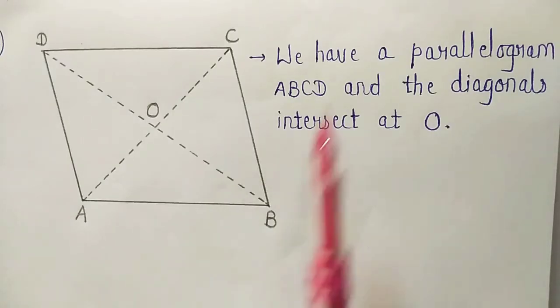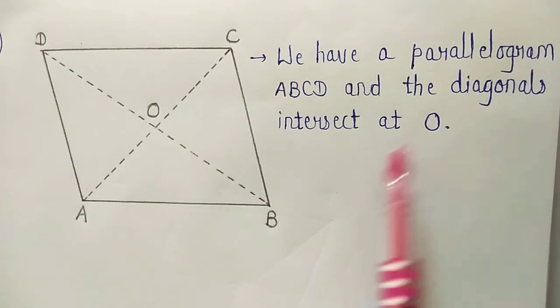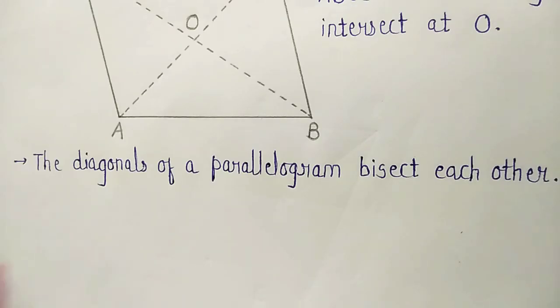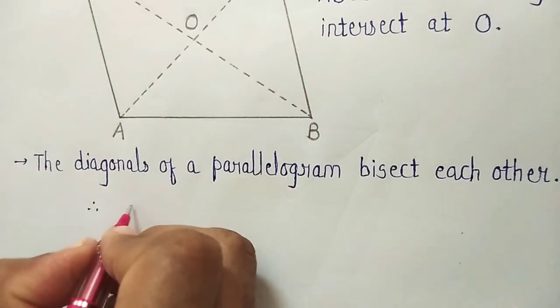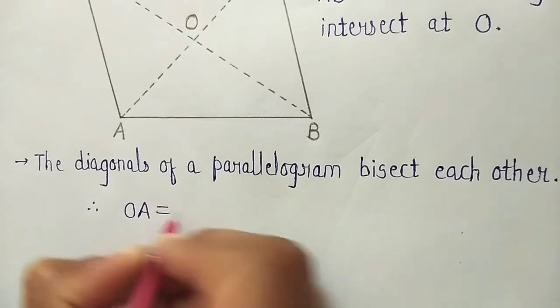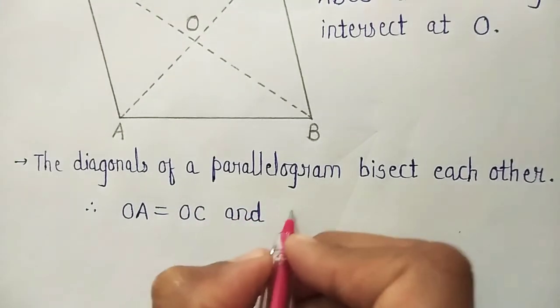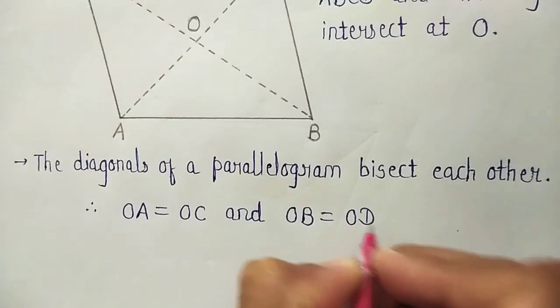First of all, we'll write we have a parallelogram ABCD and the diagonals intersect at O. Now we will write the diagonals of a parallelogram bisect each other. Therefore, OA is equal to OC, and for another diagonal, OB is equal to OD.